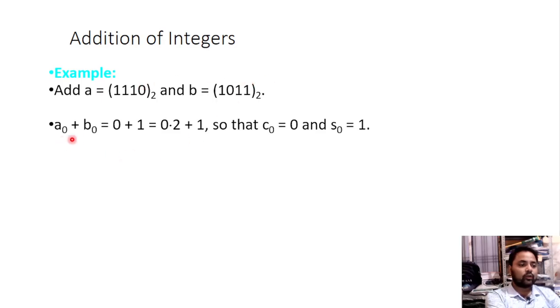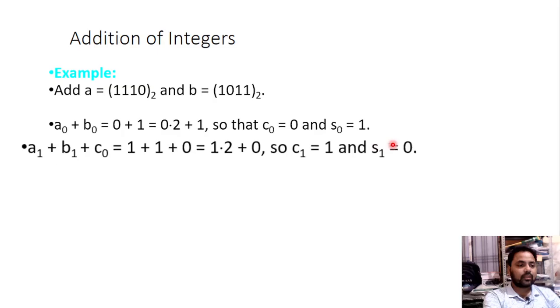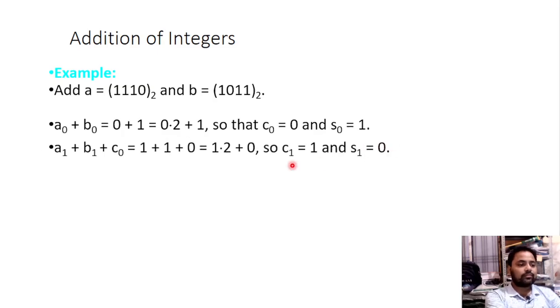So a_0 plus b_0 is equal to 0 plus 1, which is 0 times 2 plus 1, so that c_0 is equal to 0 and s_0 is equal to 1. And a_1 plus b_1 plus c_0 is equal to 1 plus 1 plus 0, which is 1 times 2 plus 0. So c_1 is equal to 1 and s_1 is equal to 0.